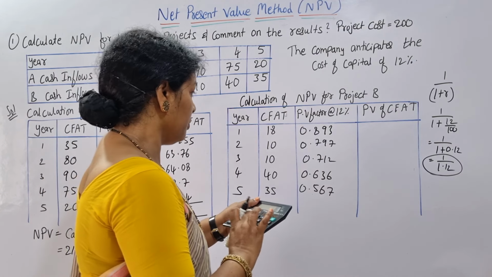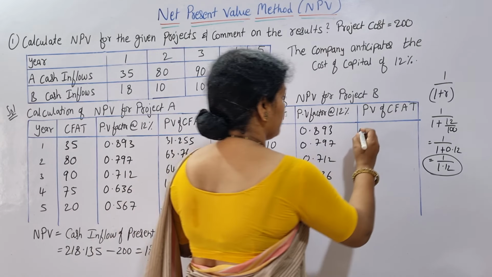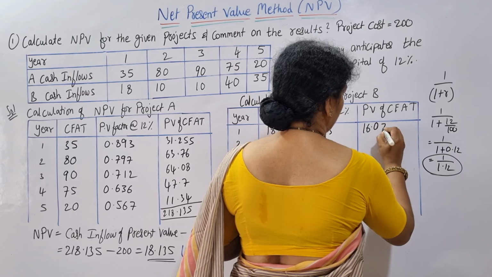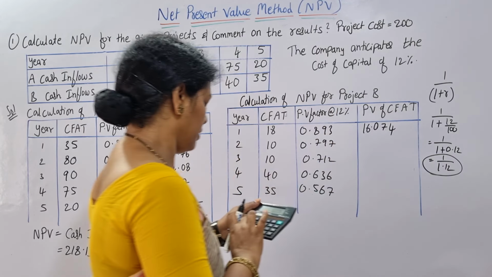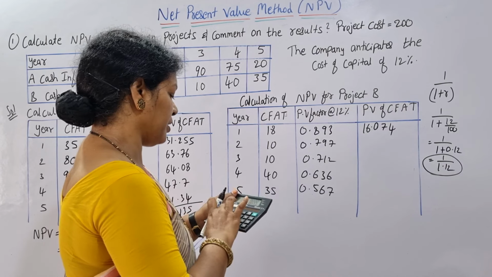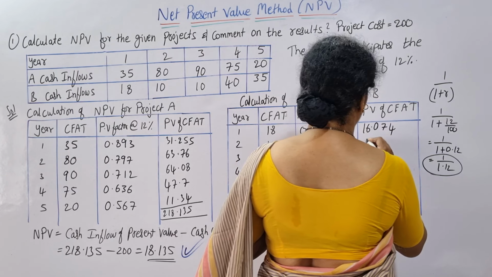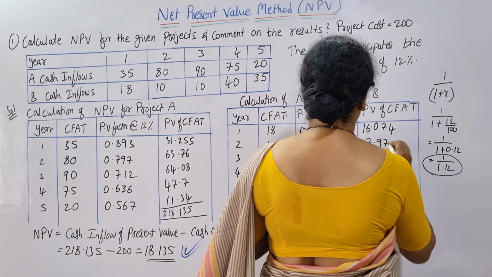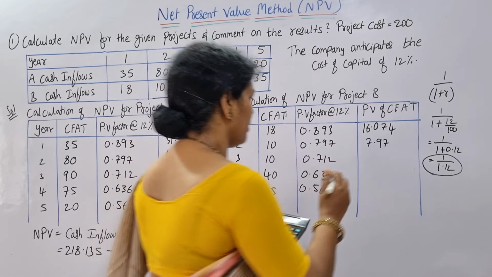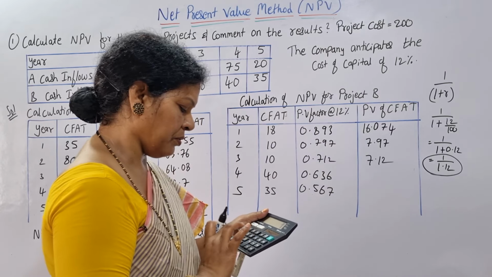Multiplication: 18 into 0.893 is 16.074. Next, 10 into 0.797, 7.97. Next one is 7.12. I'll write it directly, 7.12.